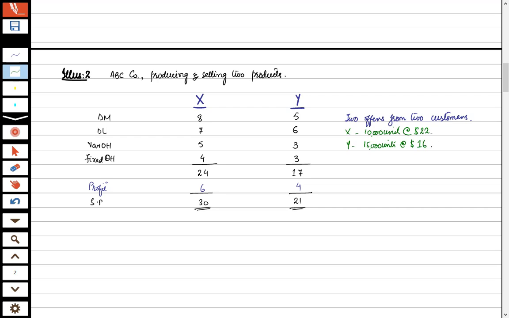Now the issue is that these two requirements cannot be met with the existing capacity of the organization. So the organization can accept only one offer because of capacity constraint.